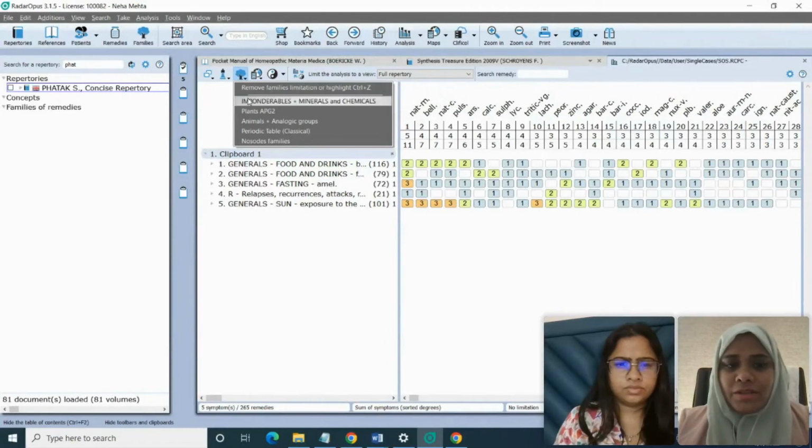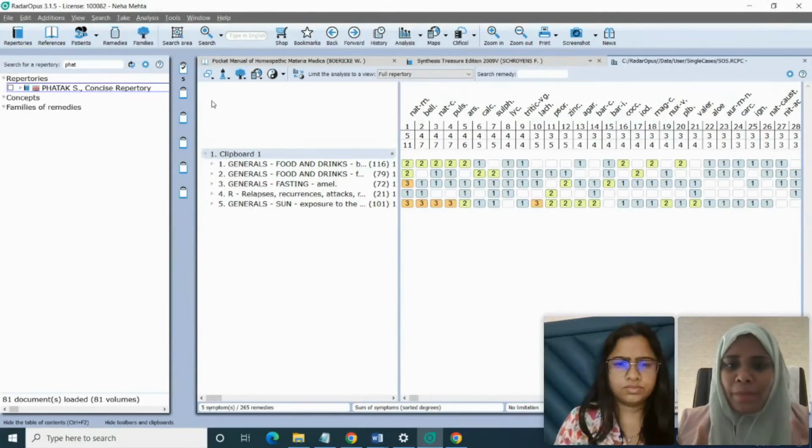Okay, don't apply filters, wait. So I see there is a huge list of mineral remedies. Then next I have certain plant remedies like Pulsatilla, Ignatia, Lycopodium, Agaricus, Aloes. There are few.